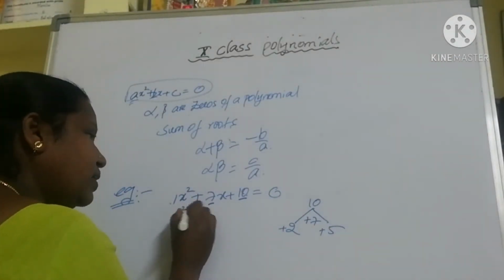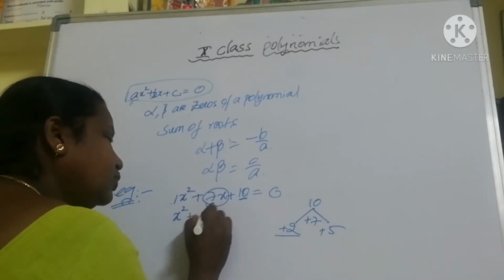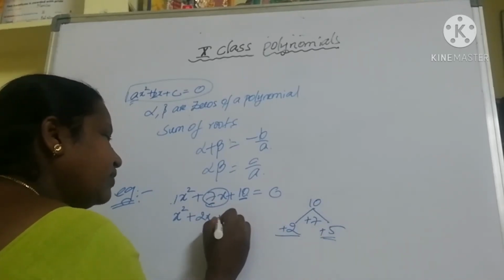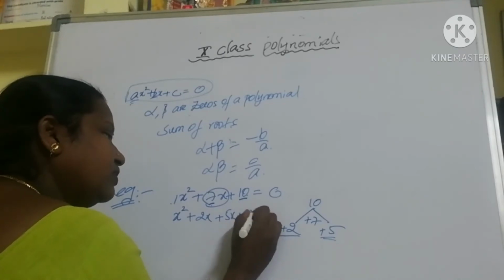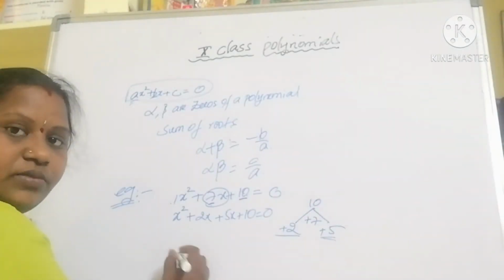So x square, in place of this 7x I should write plus 2x plus 5x plus 10 equal to 0. In this way we have to find the roots of the polynomials.